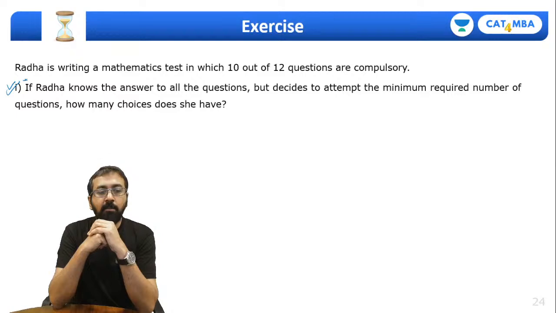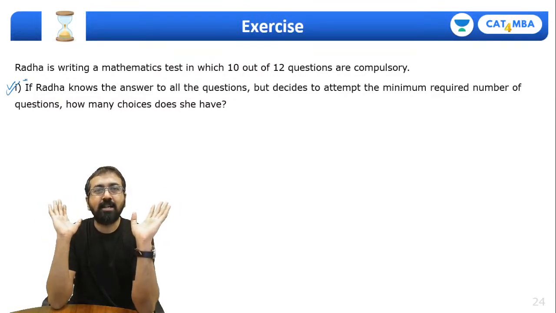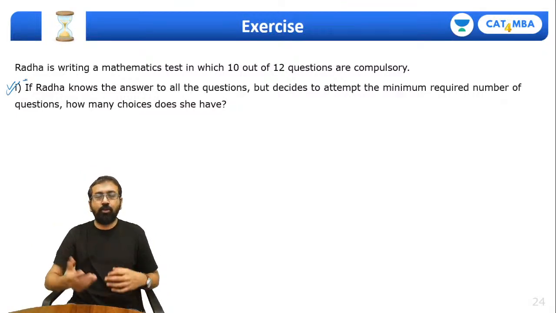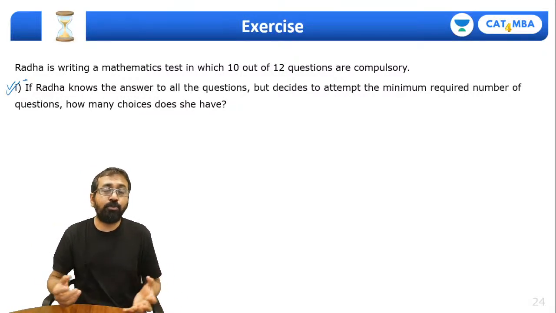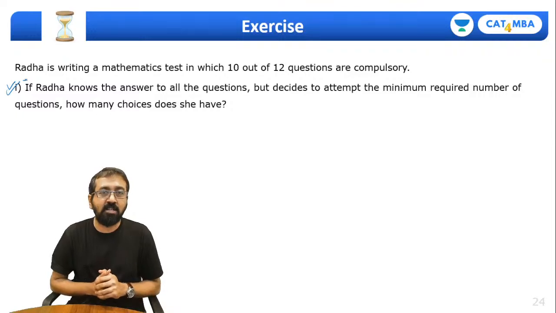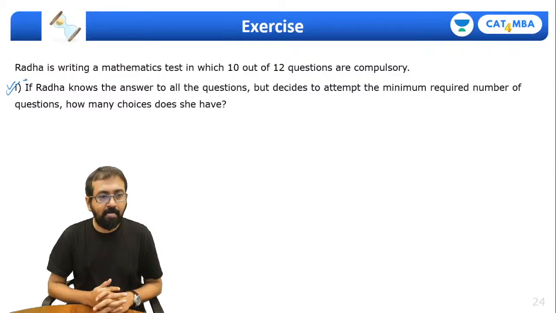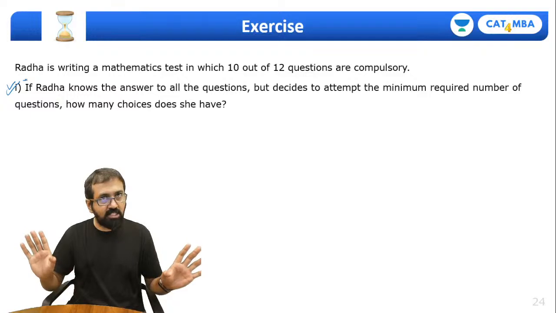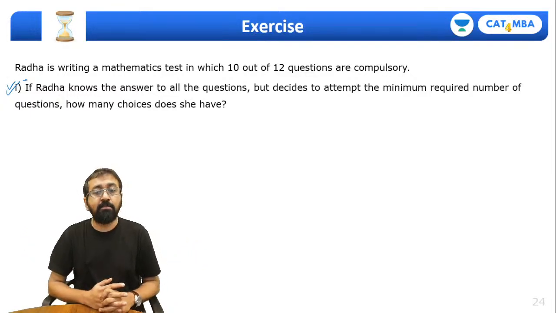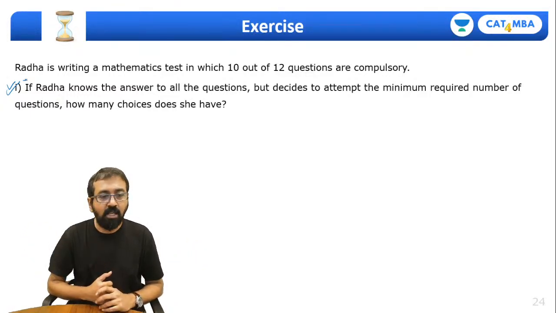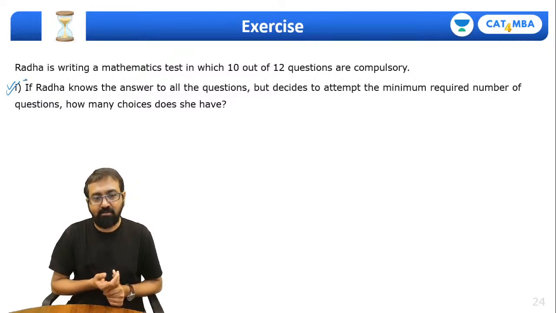Radha is writing a mathematics test in which 10 out of 12 questions are compulsory. So of course, when you are given this kind of choice, some of you, in order to get that 100 out of 100 marks, may attempt all 12 questions also, but 10 is compulsory. If Radha knows the answer to all the 12 questions, but decides to attempt the minimum required number of questions, that is 10, how many choices does she have?